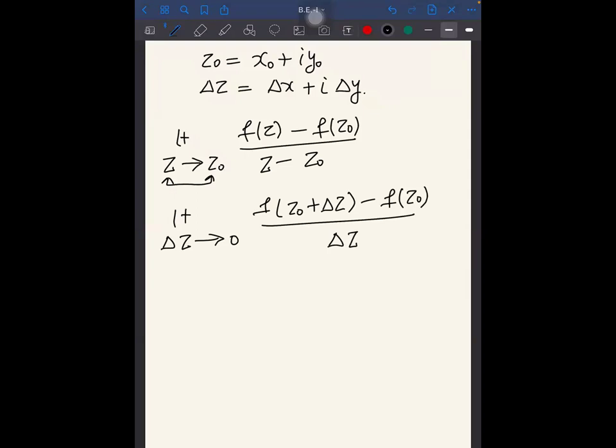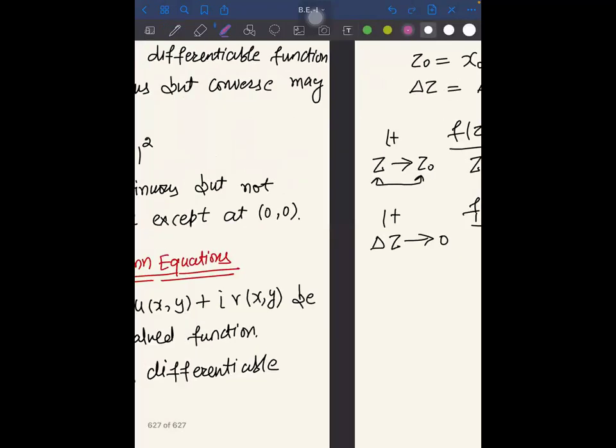Yes, sir. Okay. So what about f of z naught plus delta z? If you evaluate only this expression, that is nothing but replacing z by z naught plus delta z in this function.